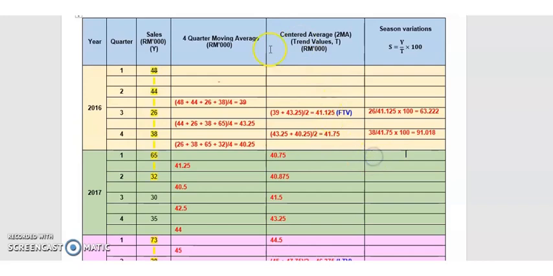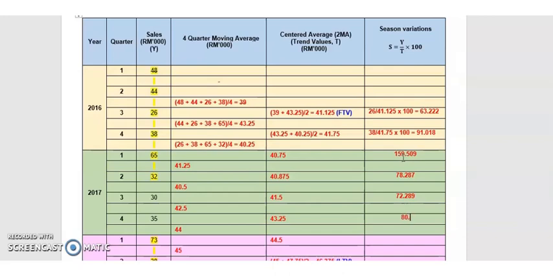Okay, for the third value of seasonal variations, if you calculate directly, you just press your calculator directly. No need to show one by one like this. So the third value, you will get 159.509. Next, 78.287. Next, 72.289.